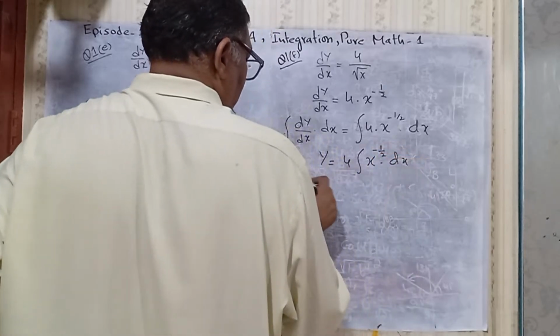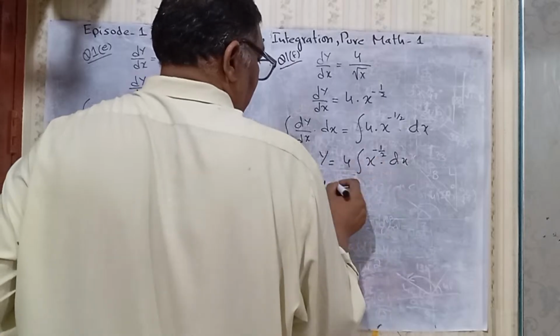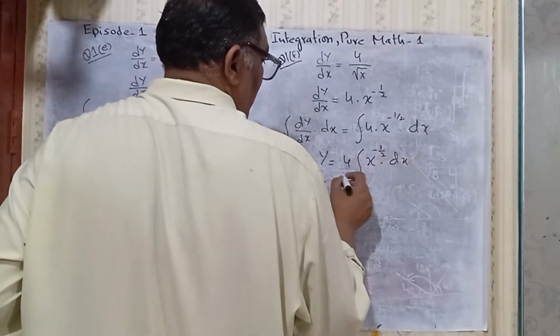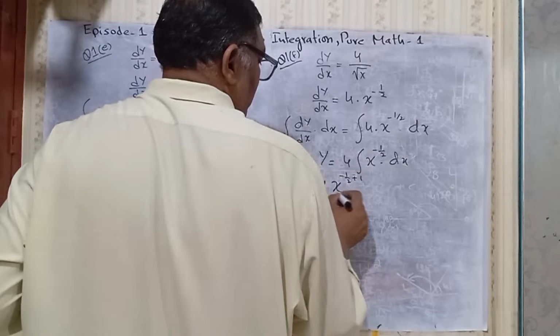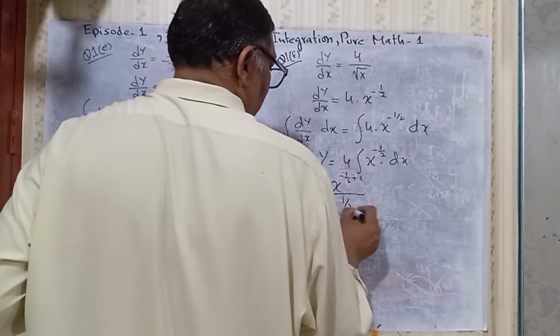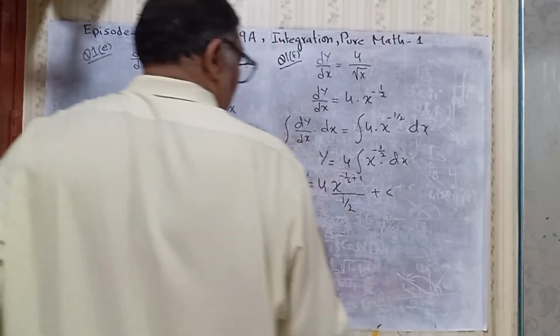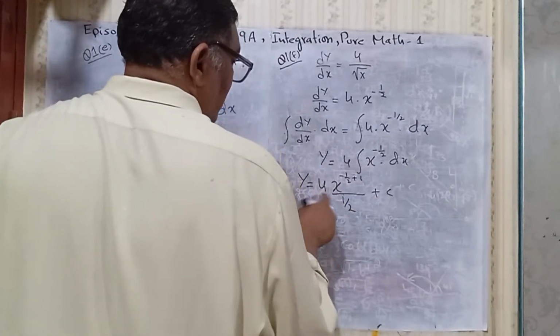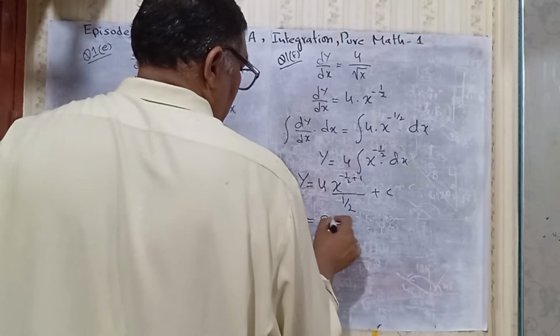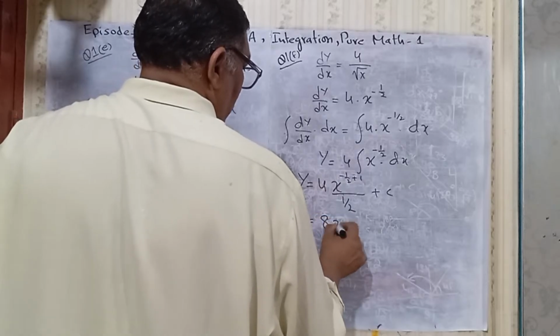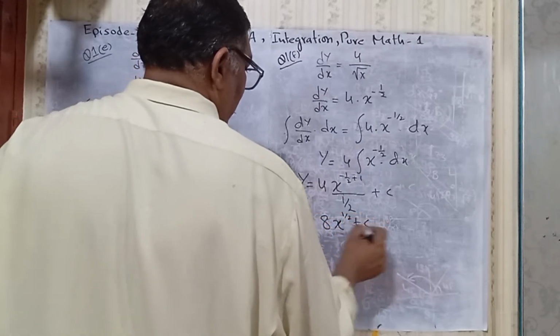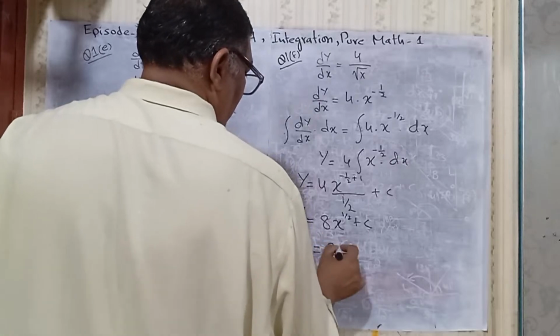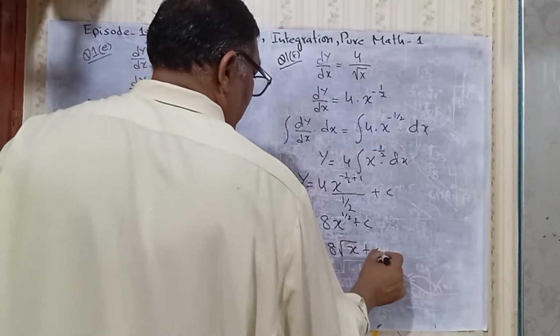So y will be equal to 4, and this will become minus 1 by 2 plus 1, it will be positive 1 by 2, so you divide with it, and plus c. Okay, this 1 by 2 when it interacts with 4 will become 8, and x raised to power 1 by 2 plus c. So that is y equals 8 under root x plus c.